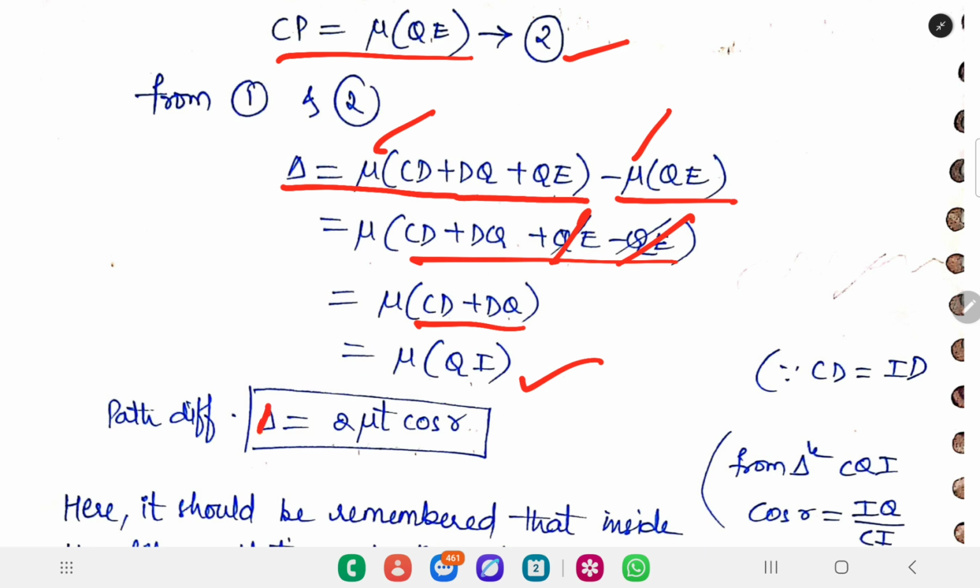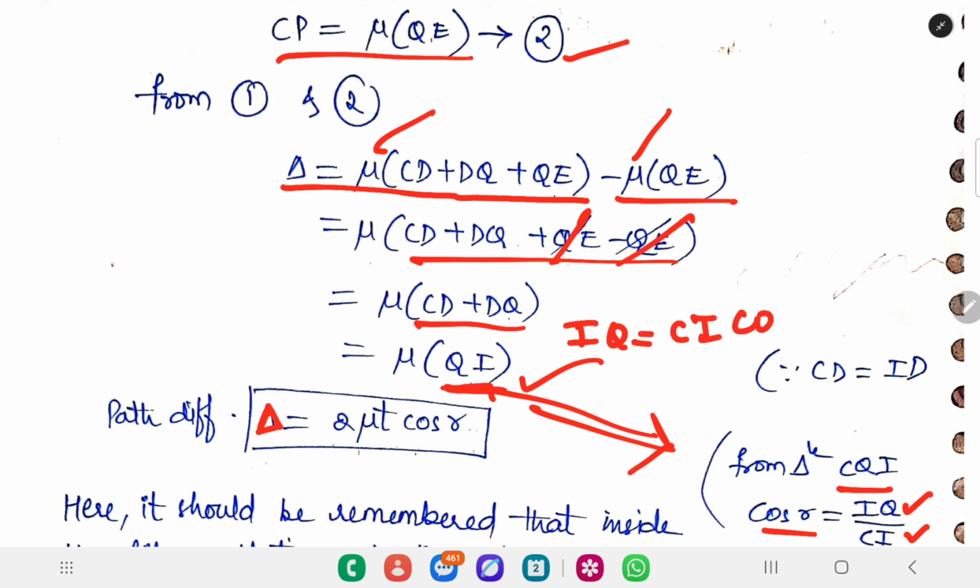From triangle CQI, we can write cos r as IQ by CI, so IQ equals CI cos r. So delta equals 2 mu t cos r. This is the equation.